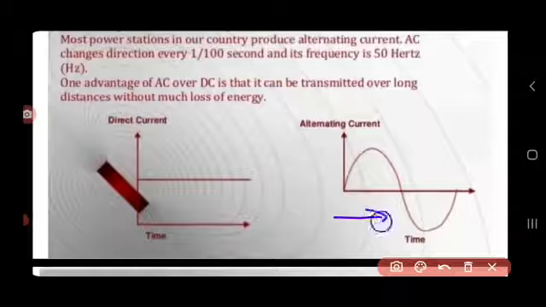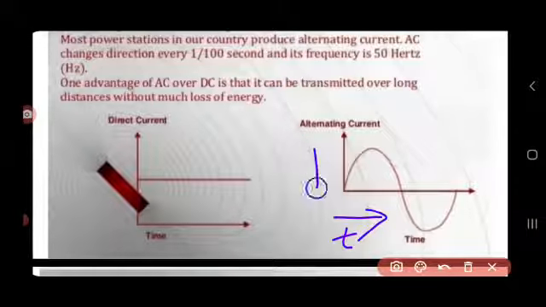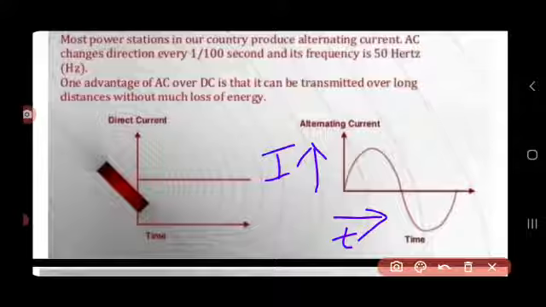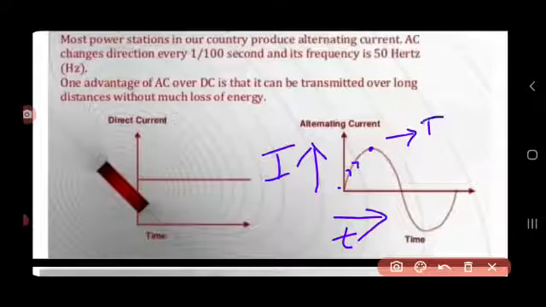So here you see the direction is changed after a particular interval of time. So this current is called alternating current because its magnitude is changing continuously and direction is changing periodically. That is AC. If you want to represent AC on a graph, you will get a sine curve like this.